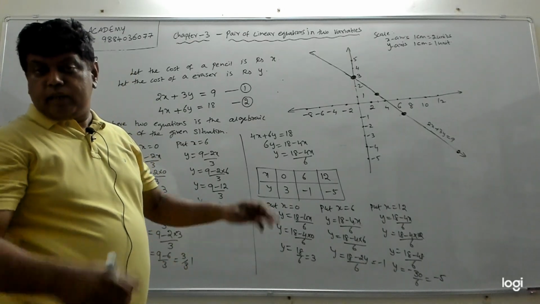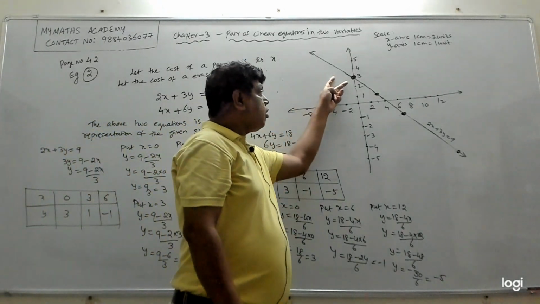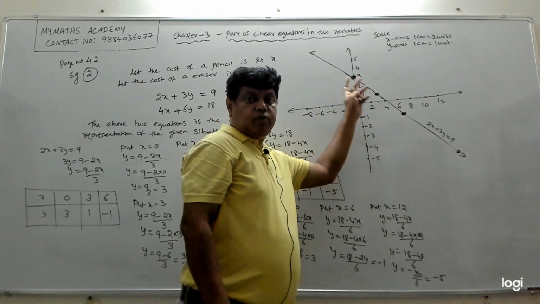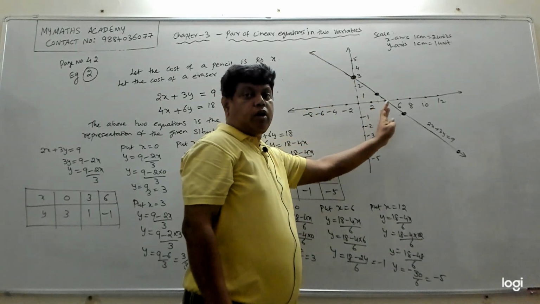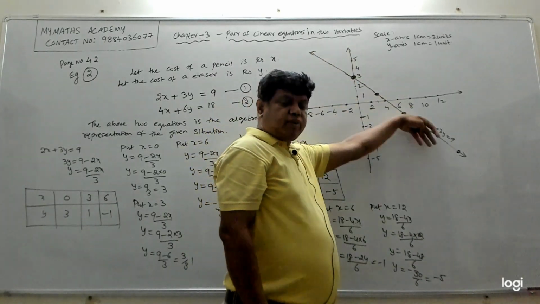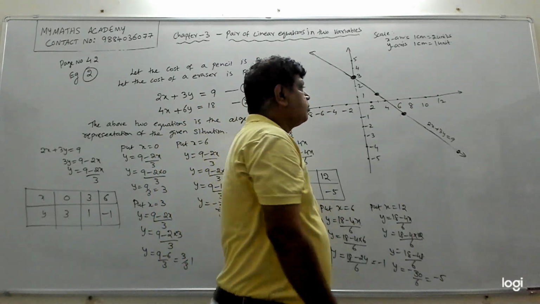You will get the same line, which means both the lines will coincide. The first line that we drew, and the second line that we have just drawn, is on top of the first line only. It will coincide, overlap, right?